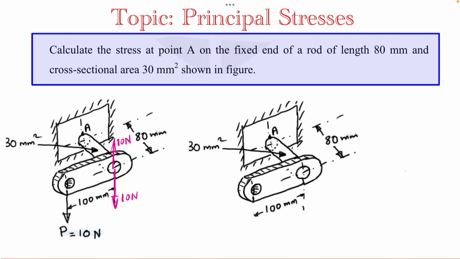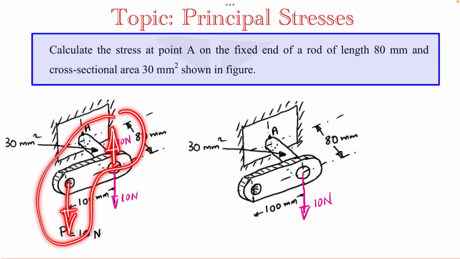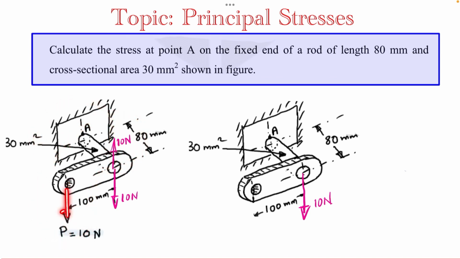Out of these two forces, I will keep only this force of 10 Newton at this section, and the other two will create a couple in the anti-clockwise direction, and I can represent that at this location.